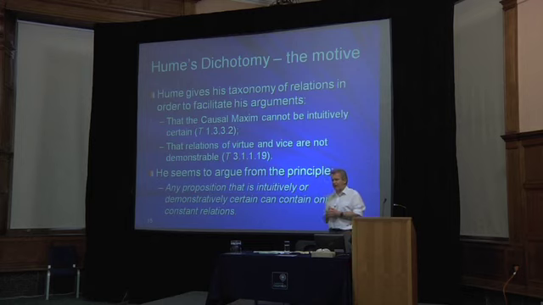What Hume wanted to say was that based on his theory of relations, he could absolutely rule out certain things being demonstrable, being provable by logic. The causal maxim, that everything that begins to exist has a cause. He wanted to say, because that involves the relation of causation, and causation is an inconstant relation, all right, you can think of two different things, but your ideas of those things in no way tell you whether one is a cause of the other or not.